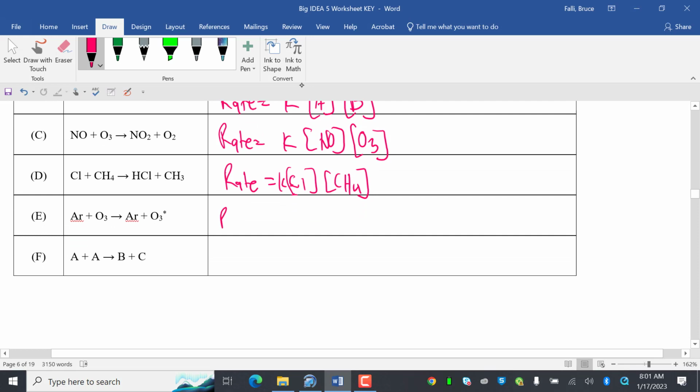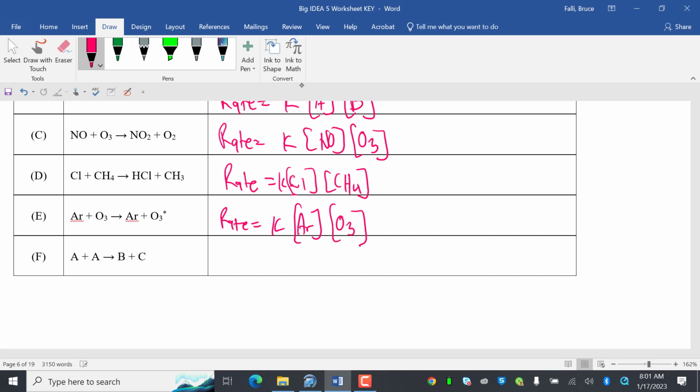E, rate equals K, argon, O3. Ooh, I don't like that because it's a noble gas. And I'm looking at it, it looks like nothing really happened to it. I forget what the star means. Star usually means it's radioactive, so that's kind of a weird dude right there. A squared. See, I have 1A and 1A. I could write that as A squared, pretending that I can do math, because I can.